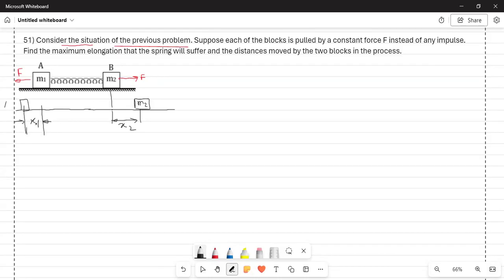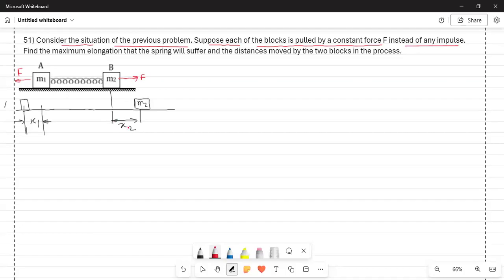Now this force will definitely do some work on these bodies, because work done is equal to force multiplied by displacement.